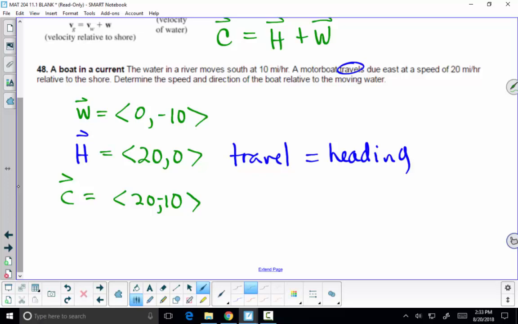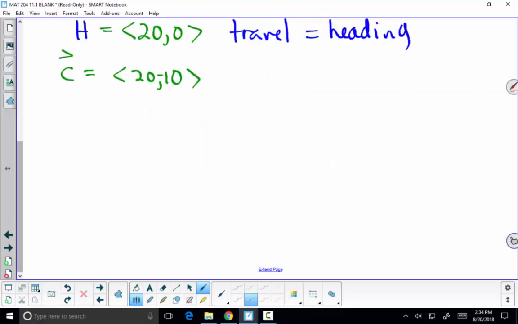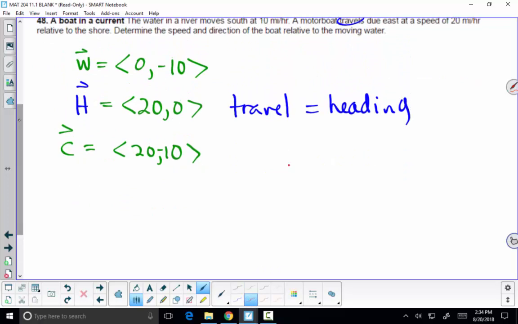If we now interpret it the other way, that it's where we end up, that we're going along the shore, which is a totally reasonable way to assume it, then we're going to end up with 20, positive 10. So let's write it out since you just brought it up. If we imagine travel means the course, where we are ending up, then it's a little different.